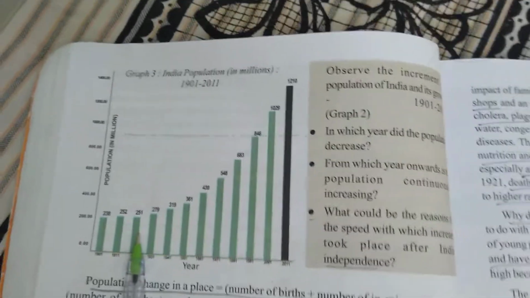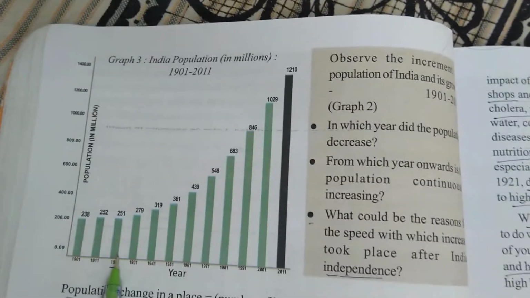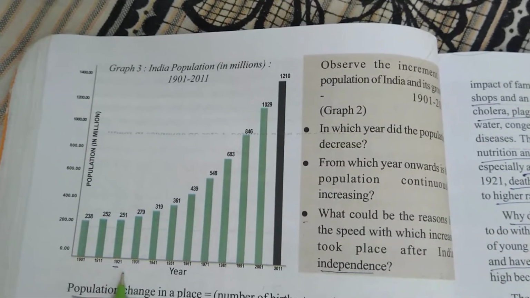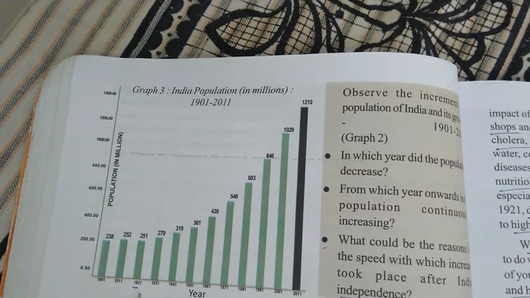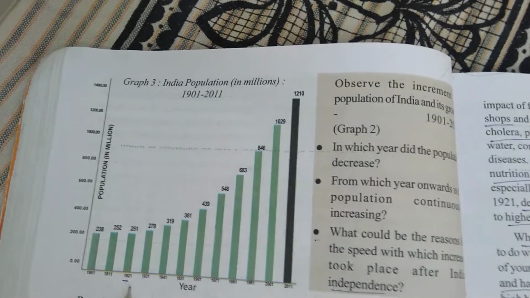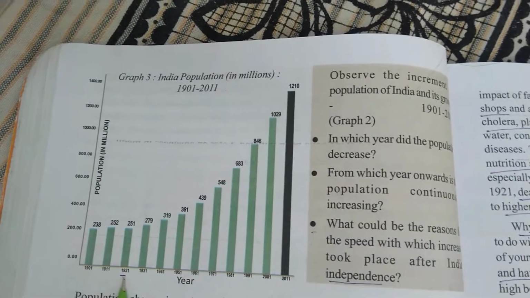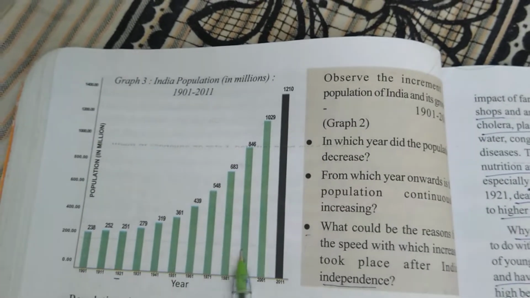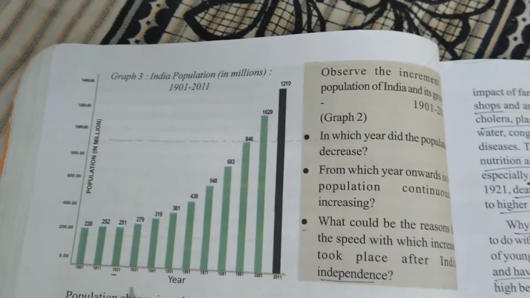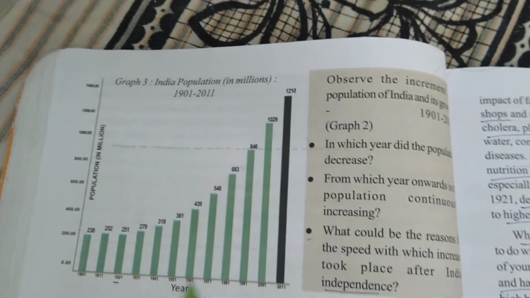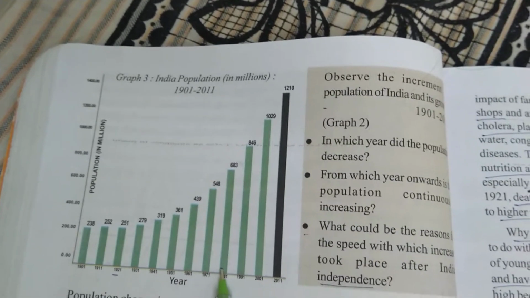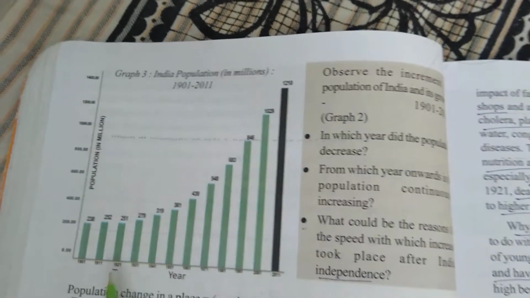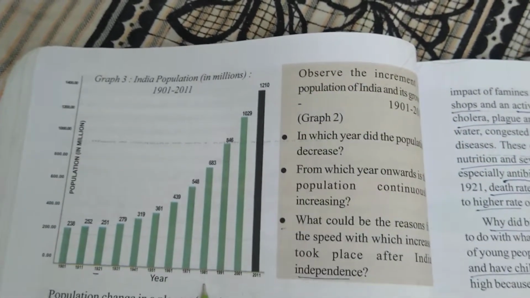When you observe this bar graph, in 1921 there was a decrease in population growth. After 1921 the population size increased gradually every year. There is no decrease.